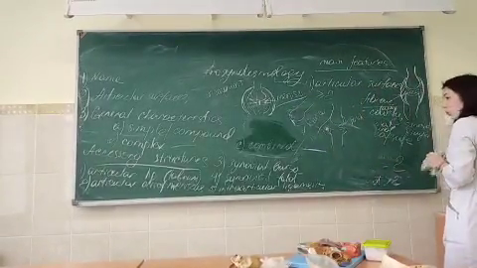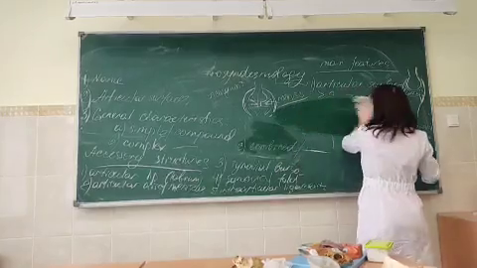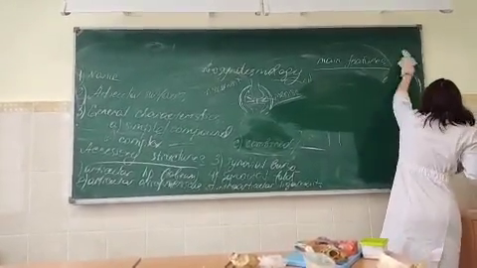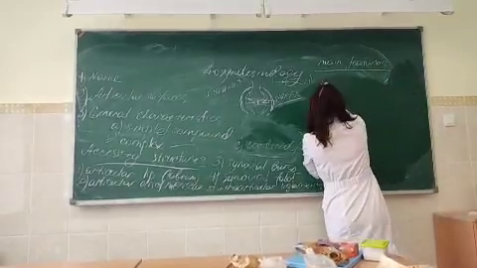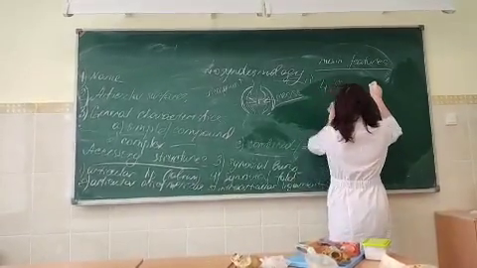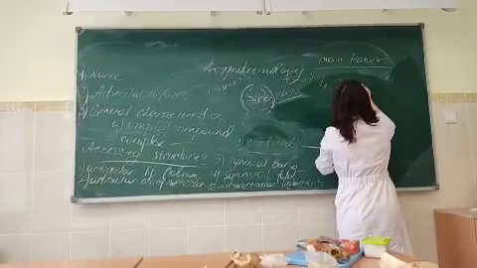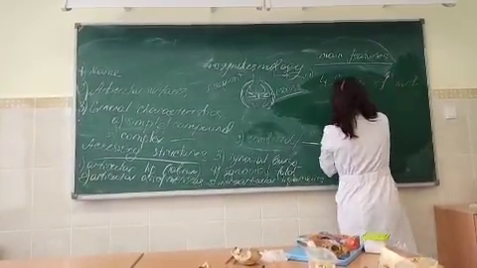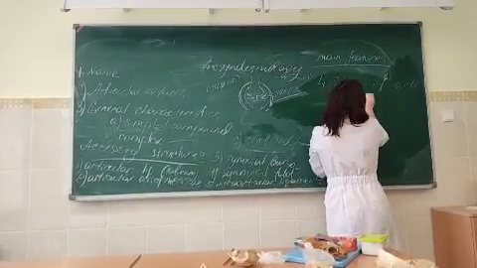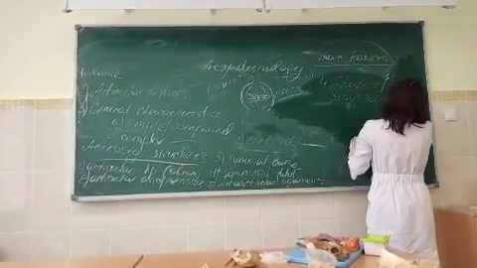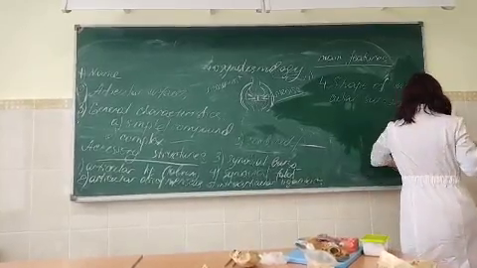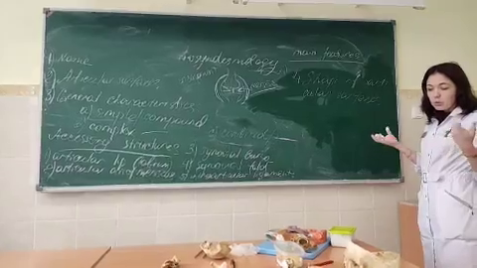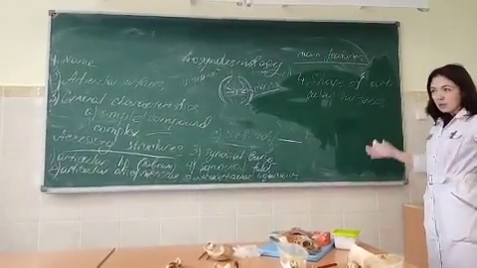Then, the fourth point: you should tell about the shape of articular surfaces. The shape of articular surfaces can be many: there are ball and socket or spheroidal, there are flat, there are condylar, and so on.